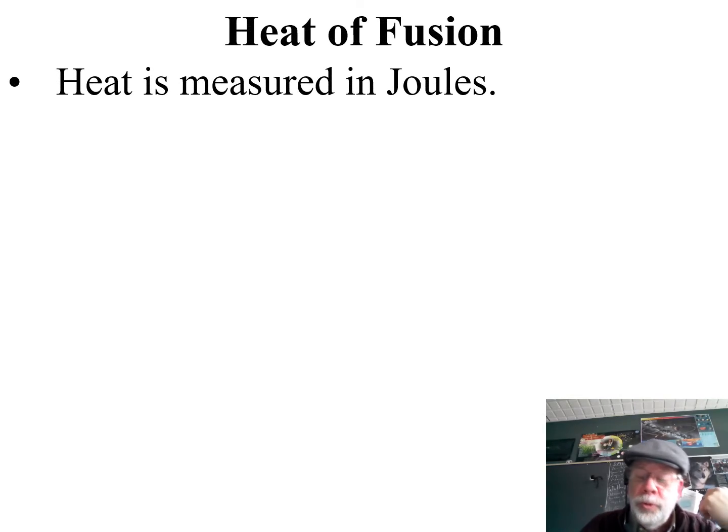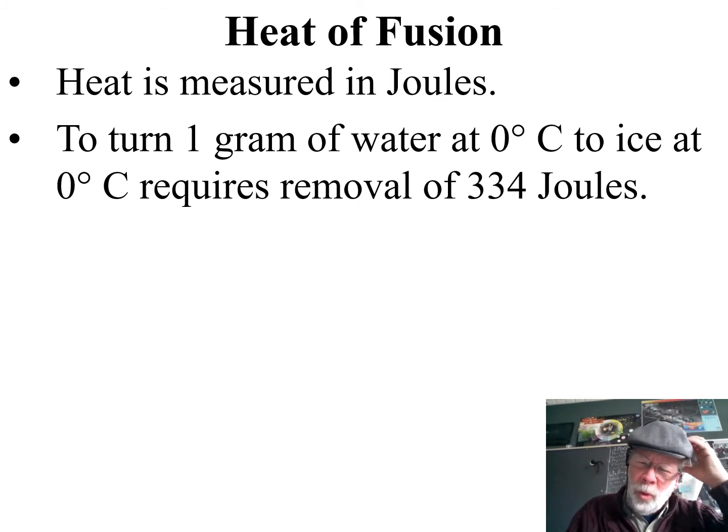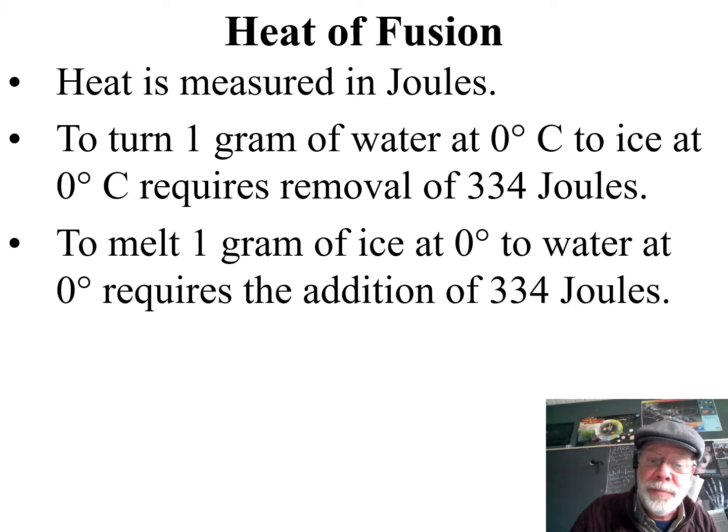So fusion. Fusion is the change of ice into water or water into ice. This heat is called the heat of fusion. So heat is measured in joules. And if I want to turn water at 0 degrees Celsius to ice at 0 degrees Celsius, in other words, no temperature change at all, just turning the water into ice, I have to remove 334 joules of energy.